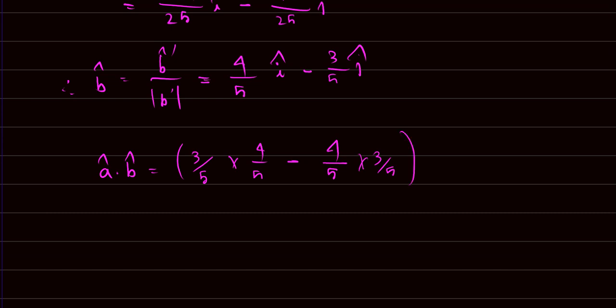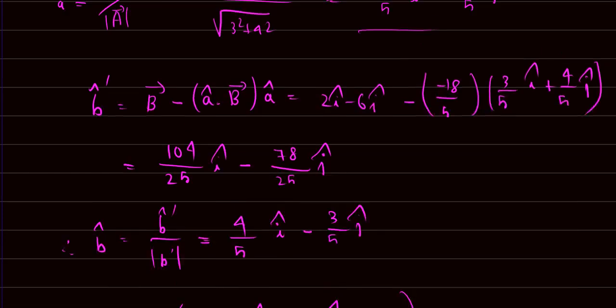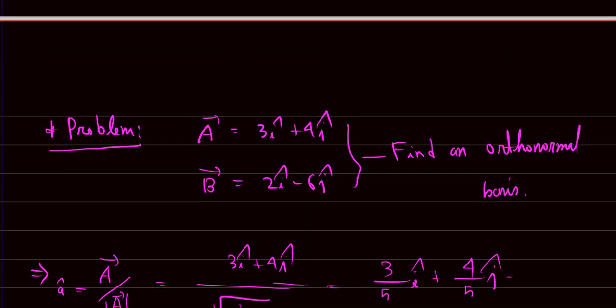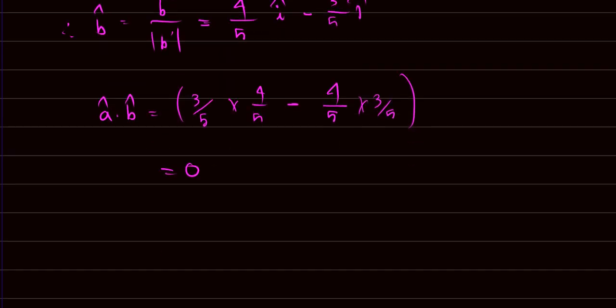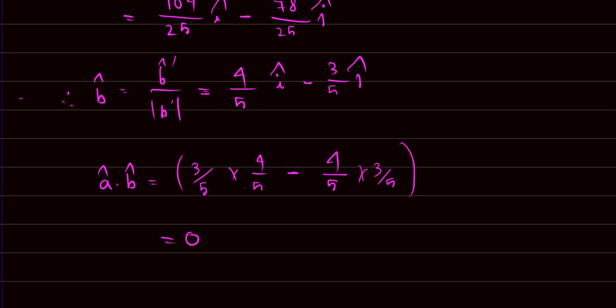As you can see, this will give us 0. So here we have found two orthonormal bases. One is A cap and one is B cap.